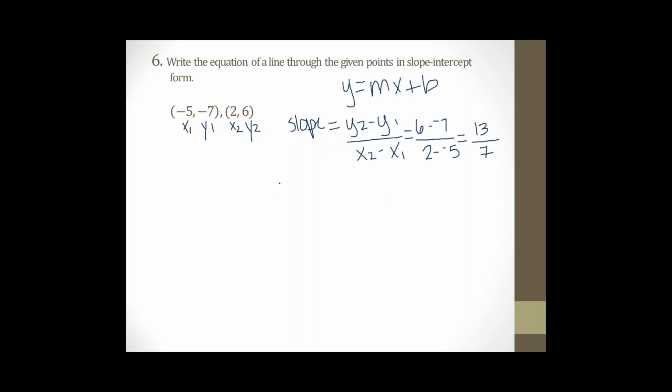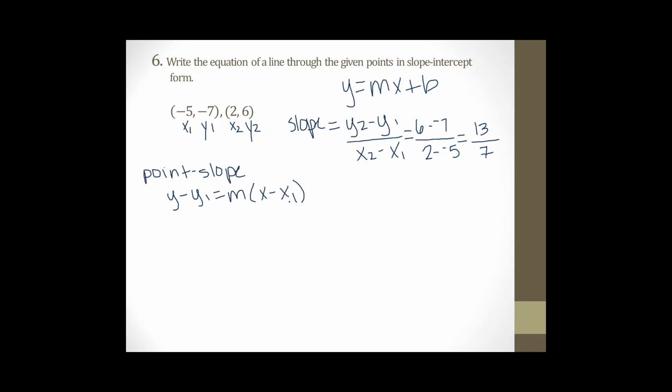Now we want to work on getting the equation. So let's use the point-slope formula, and then we'll rewrite our equation into slope-intercept form. That's y minus y1 equals m times x minus x1.